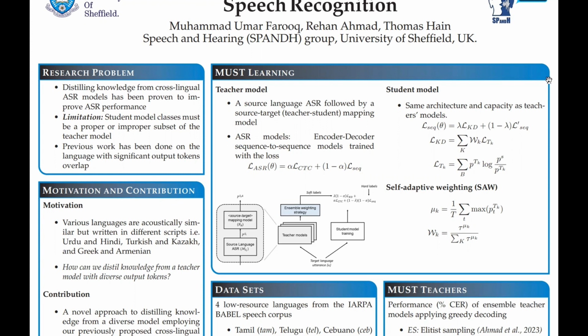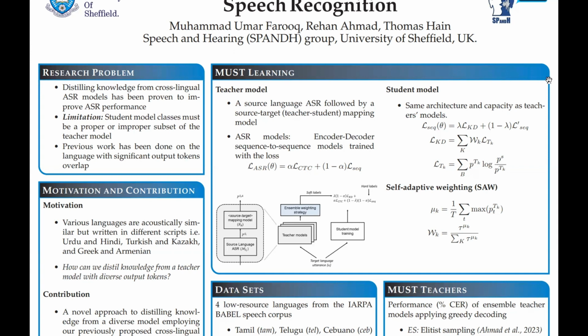But the previous work that has been done with these approaches has been done for models where the output classes of the teacher model and the student model are exactly the same. Or even if they are not exactly the same, the teacher model should contain all the classes of the student model.